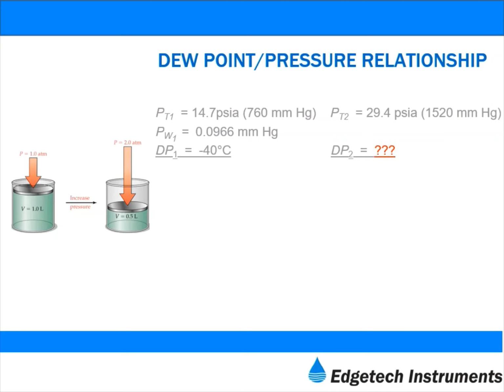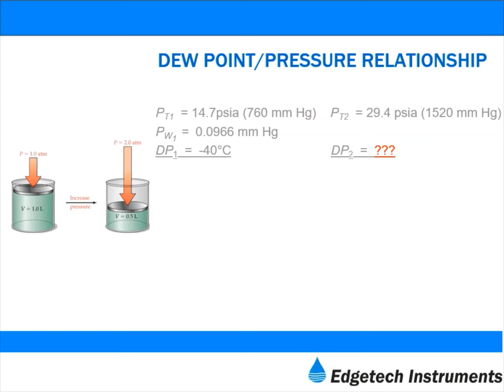So there is a relationship between dew point and pressure that is very important when you measure dew point. If you look at the example here, you have a cylinder at 1 atmosphere, which is 14.7 psia or 760 millimeters of mercury, depending on what units you want to use.